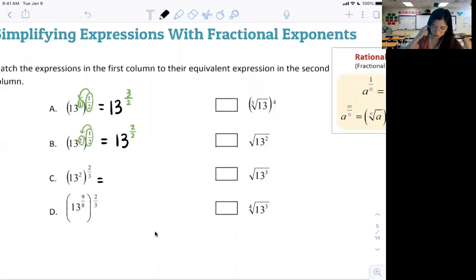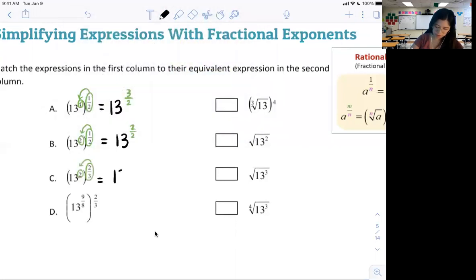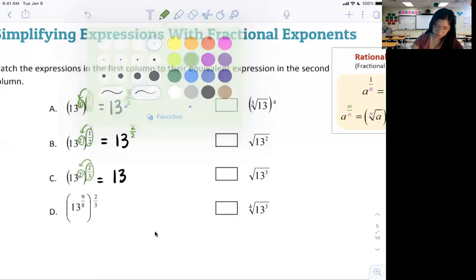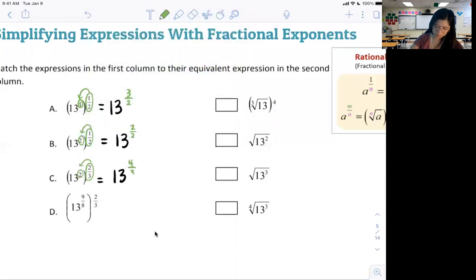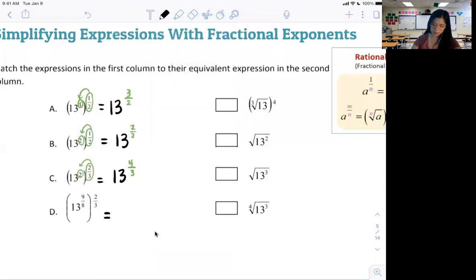How about C? 2 times 2/3. 4/3. Good. 4/3. And then finally, okay, I got a fraction times a fraction. 2/3 times 9/8.